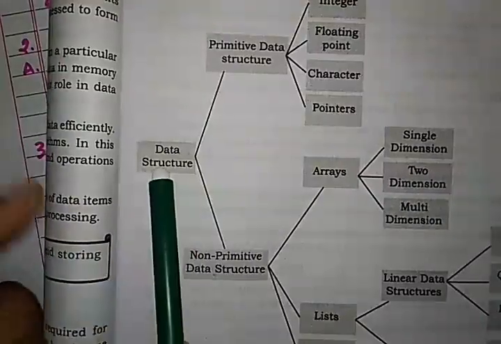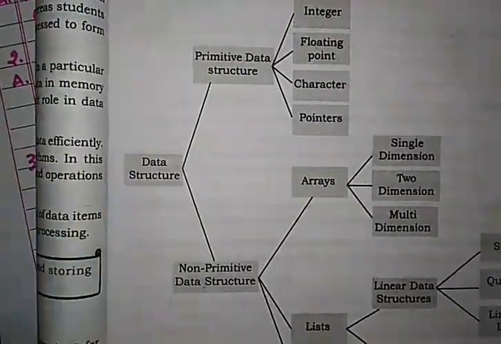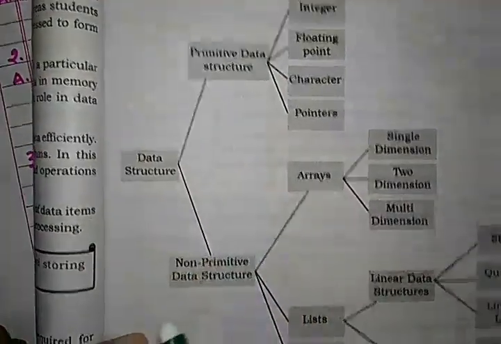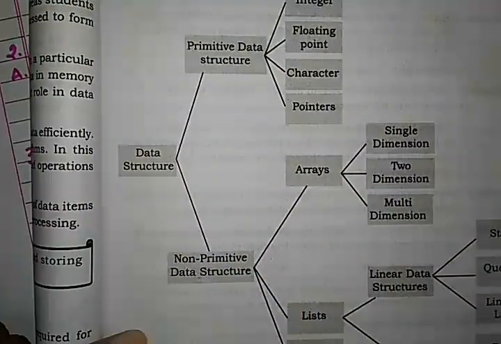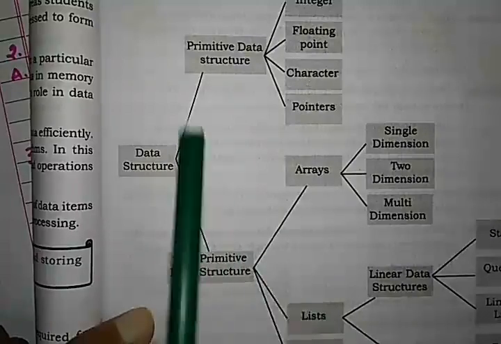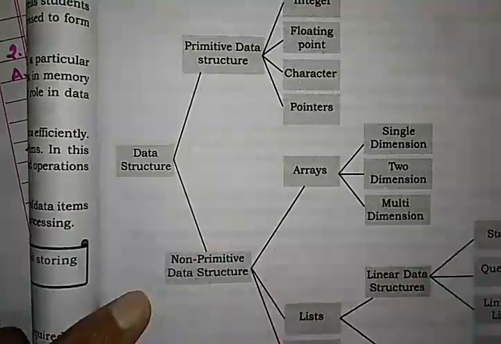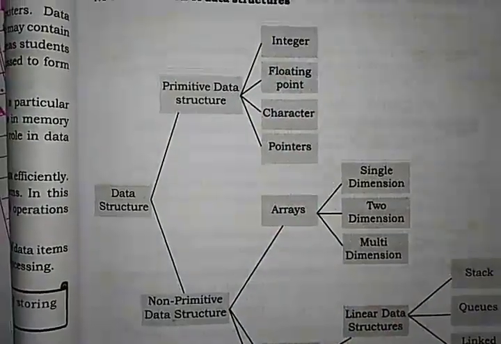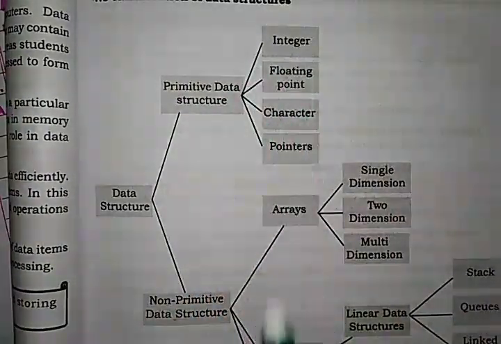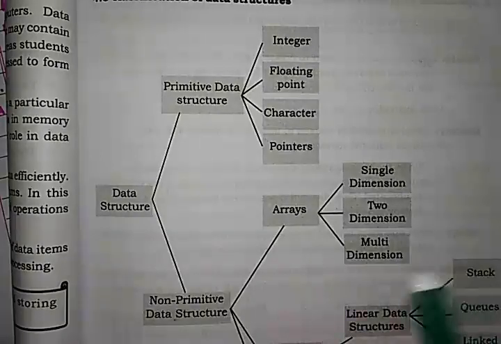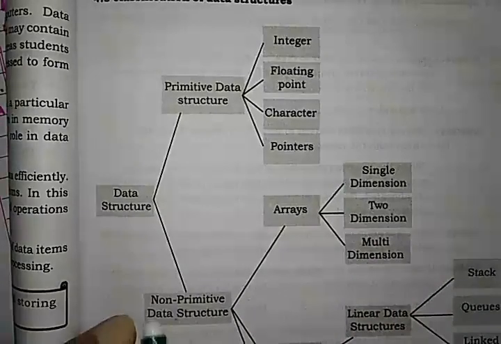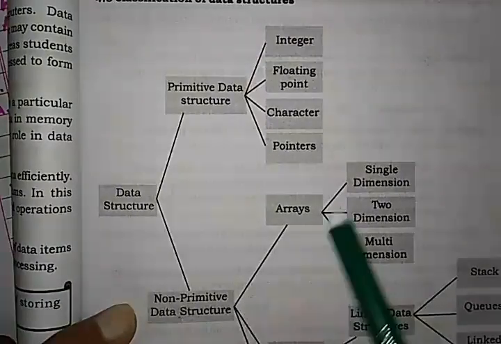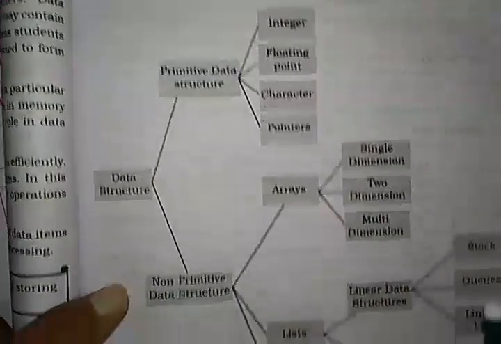See, data structure fundamentally or basically is divided into 2 types: primitive data structure and non-primitive data structure. So this is what we will understand. Then it has got so many sub classifications in this. These things we will understand when we go into the deeper subject. Non-primitive data structures again have their own division.